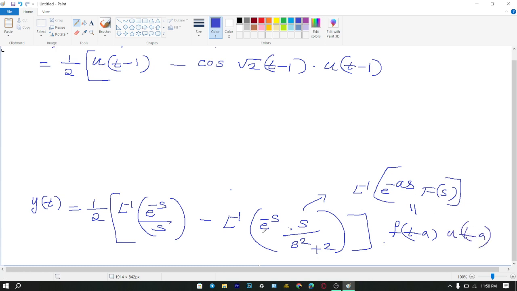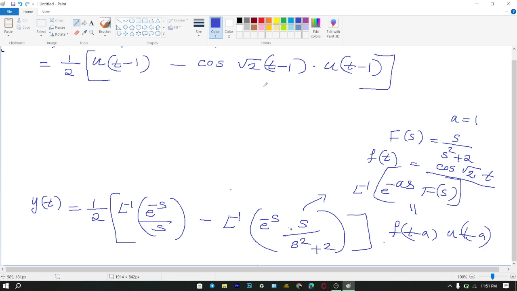Here e raised to minus as, so a is 1. And f of s is s by s square plus 2, so its corresponding f of t is the cos function, that is cos root 2 t. So we have f of t minus a, so root 2 into t minus 1, u of t minus 1. So this is our required answer.